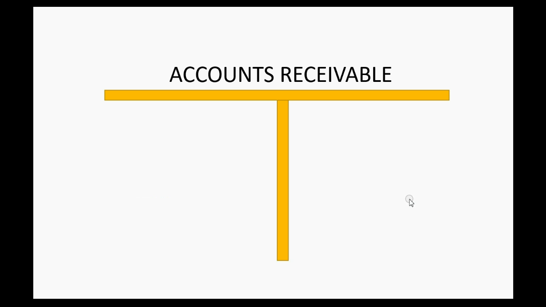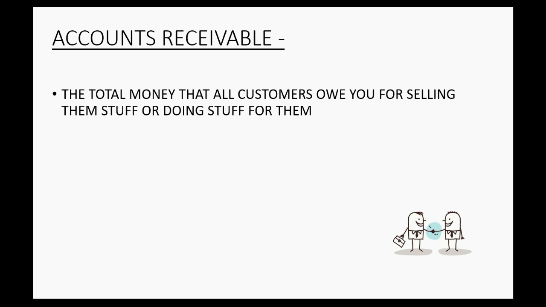And now I will introduce you to a very important account when we study accounting. This account is called accounts receivable. Accounts receivable is the total money that all customers owe you for selling them stuff or doing stuff for them, like the income that we mentioned a moment ago.